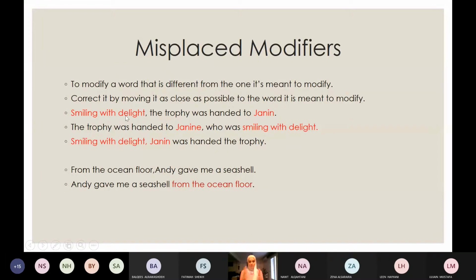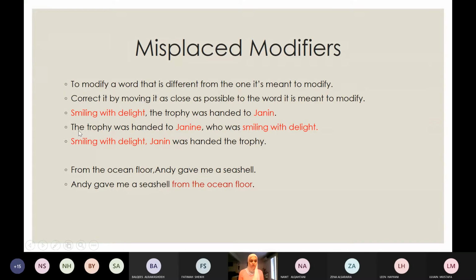So the trophy itself was handed to Janine. Was it smiling? No. So here it is a misplaced modifier. Because this phrase functions as an adjective, it is a modifier. It is in the wrong place. It should be near to Janine, because Janine was smiling, not the trophy.